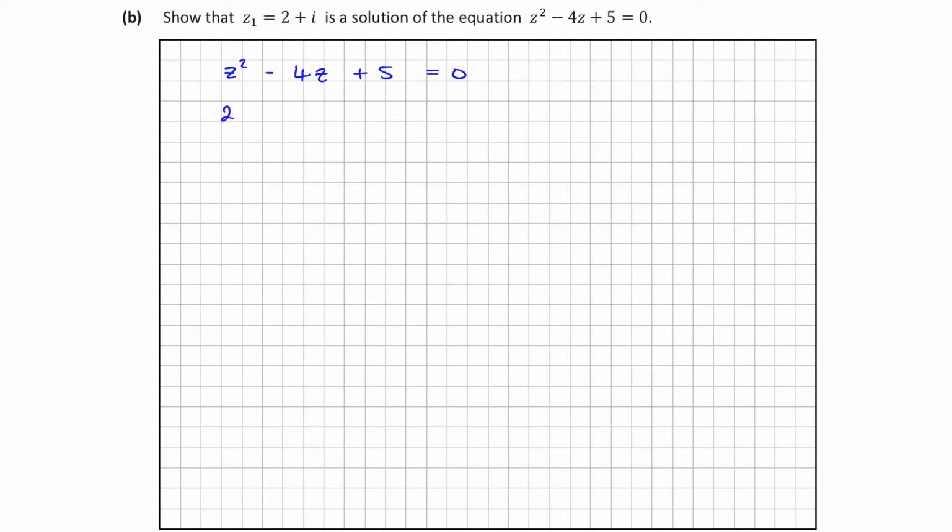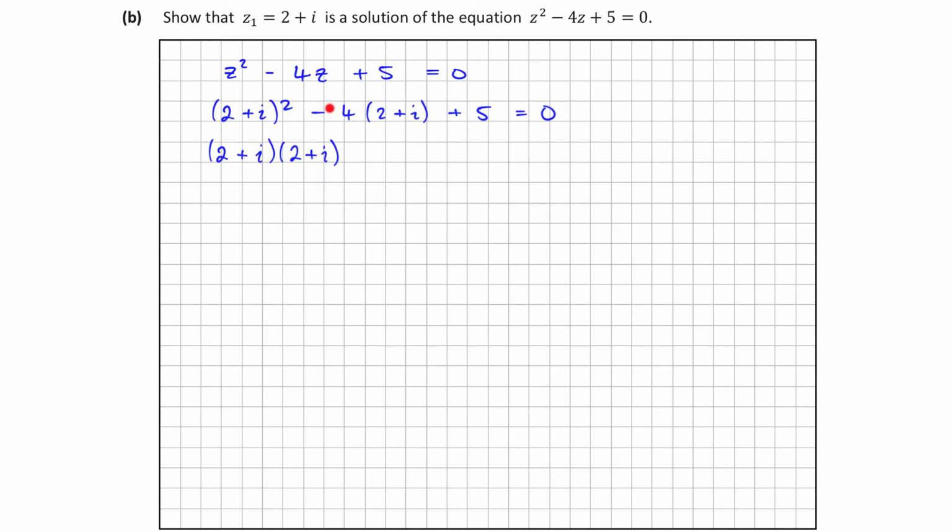So 2 plus i, all to be squared, minus 4 times 2 plus i plus 5 equals 0. Okay? And all we're doing from here is just simple algebra, right? So 2 plus i all to be squared is the same as 2 plus i times 2 plus i. So I'm just expanding that there to get that.